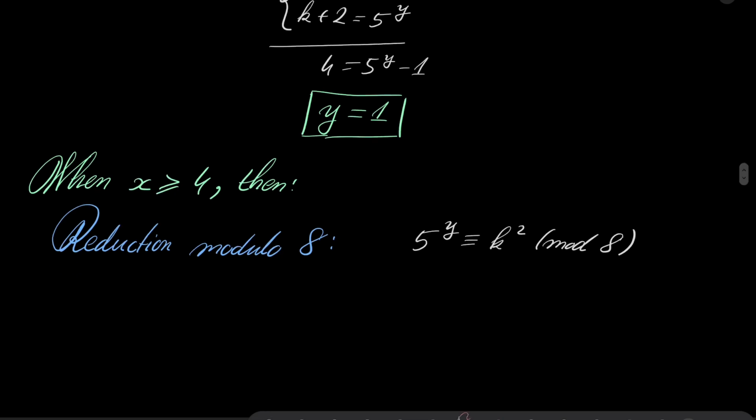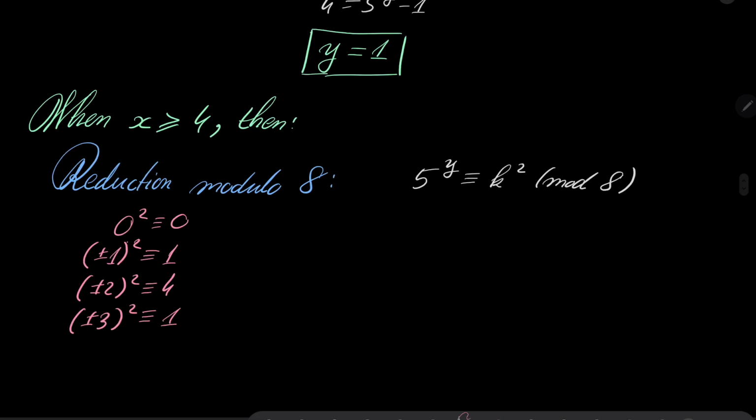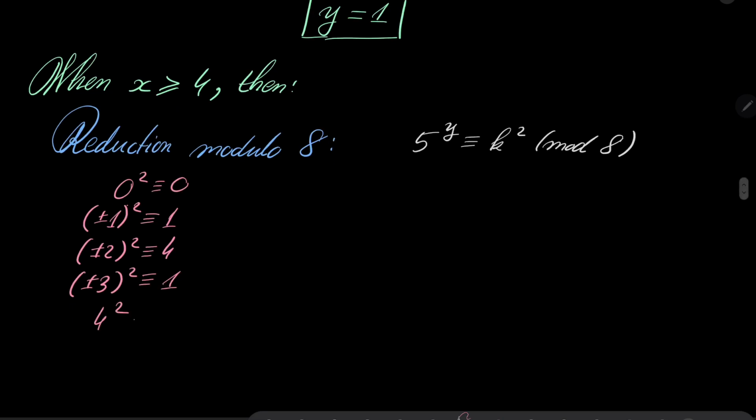Now, once again, let's consider all the possible quadratic residues modulo 8. 0 squared is congruent to 0, plus minus 1 squared is congruent to 1, plus minus 2 squared is congruent to 4, plus minus 3 squared is 9, which is congruent to 1, and 4 squared is congruent to 0.